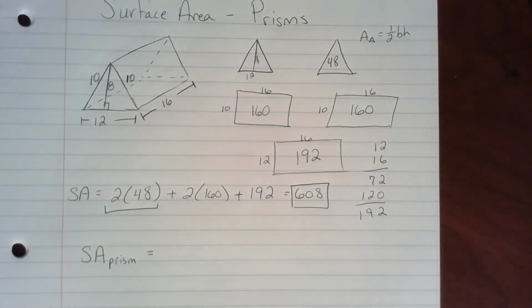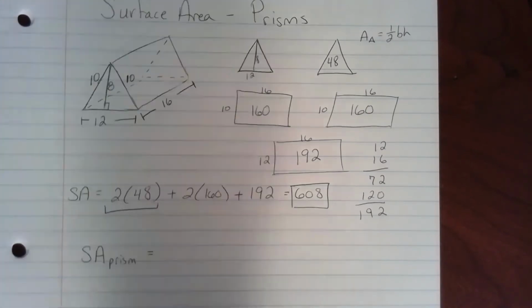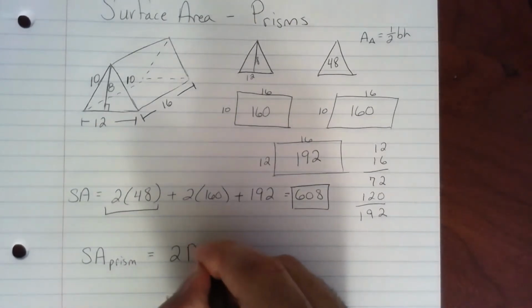In this case, two triangular bases. You could have a rectangular prism, which has two rectangles for the top and bottom, or the front and back, whatever you want to call it. A cube would be very different because it's a very special case. You could have a pentagonal prism, which has a pentagon for the front and the back, so you'd have two of those. But every time you're going to have two copies of your base.